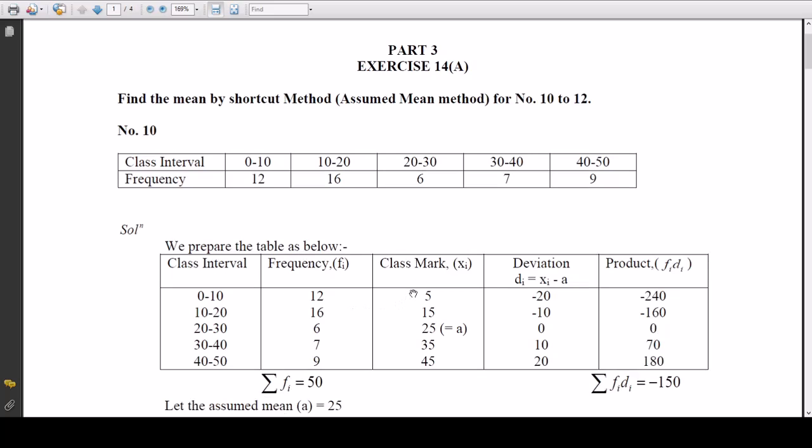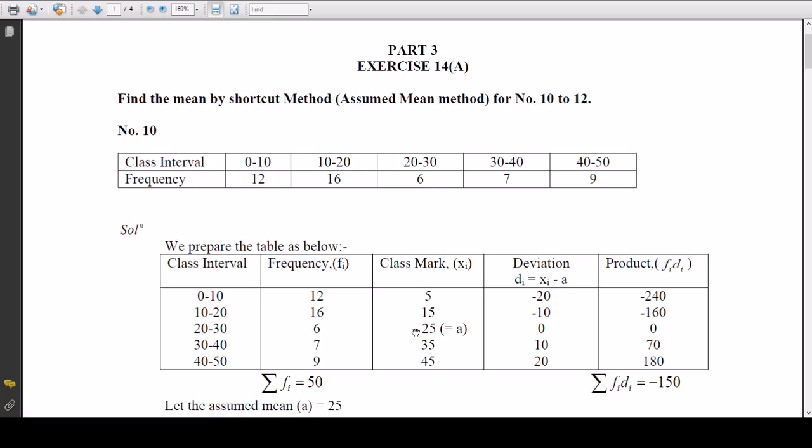How do you get this class mark? The class mark we get by finding the mid value of a class interval. From 0 to 10, the mid value is 5, 10 to 20, 15, 20 to 30, 25, up to the last, which is 45.